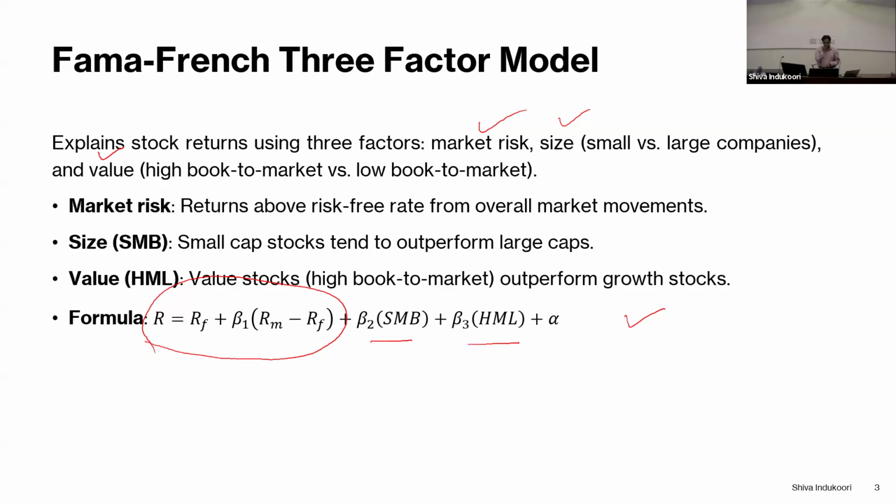What Fama French says is, to arrive at returns on your investment in a stock or portfolio of stocks, you should know the market risk, you should know the size of the company, and the book to market ratio, which is more popular. That is also important. So what is book to market ratio?